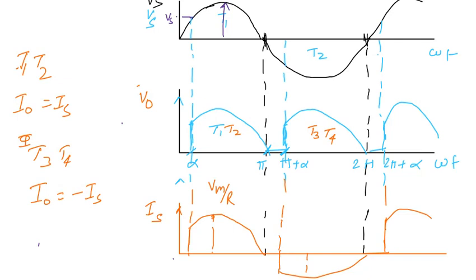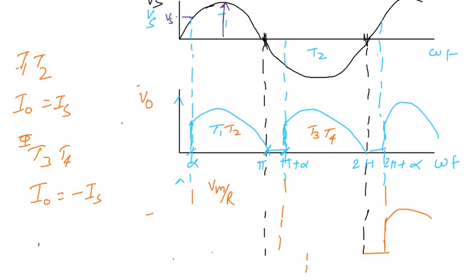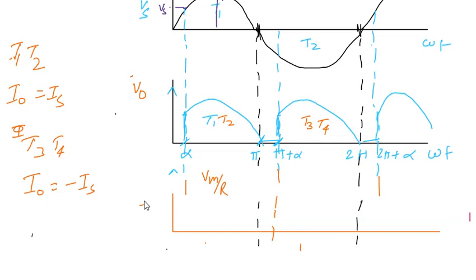For VT1, during this cycle it is not conducting, so VT1 will be Vs when it is not conducting.